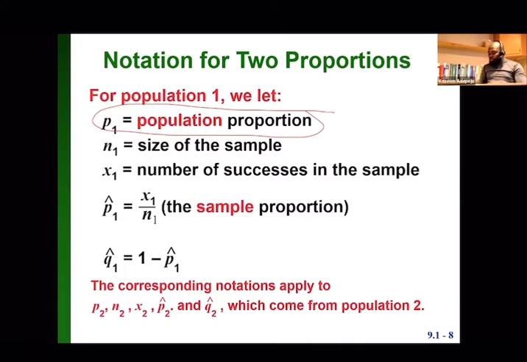But you know what, we are only going to get the population proportion if we have been able to examine all elements in the population, and that is not what we do. We don't do that in research. In research, what we always want to do is take a sample.